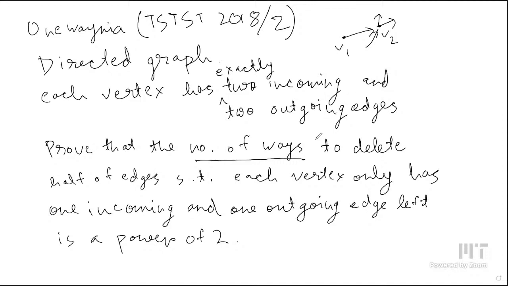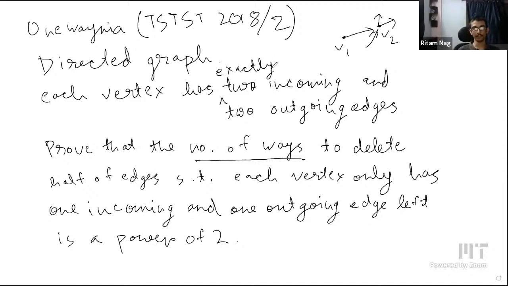So I think we can define the adjacency matrix of this directed graph, and then in each row there should be only one element, and in each column there should be only one element. Something like that we can do. I'll let you guys think about this problem for like 5 minutes.